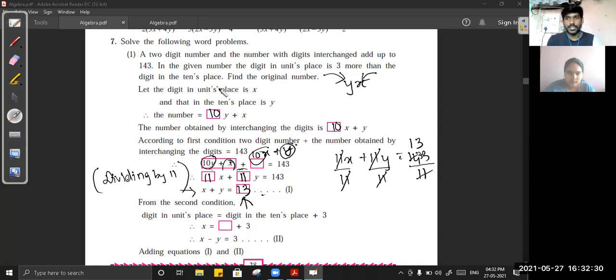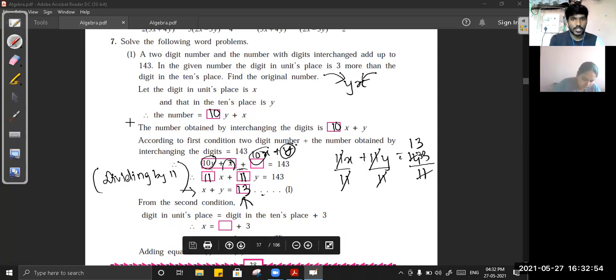Plus 3. So the digit in the units place is x, the tens place is y. The units digit is 3 more than the tens digit y, so plus 3. So here you will write x is equal to y plus 3.